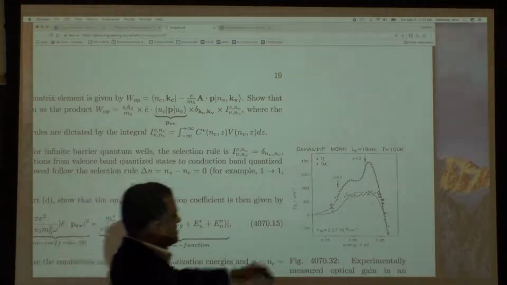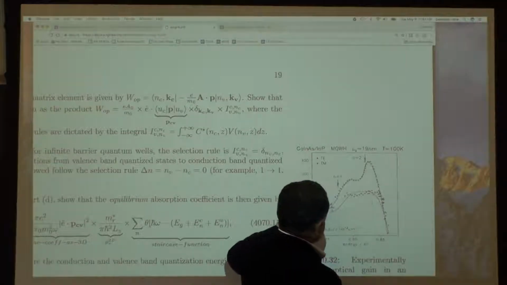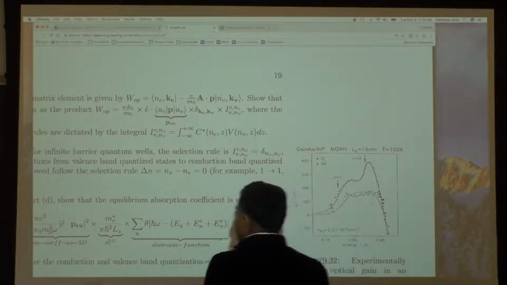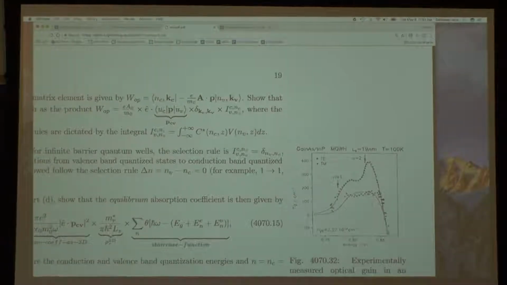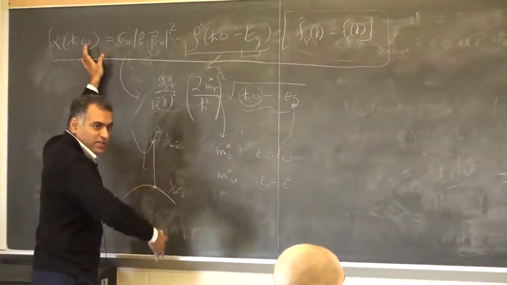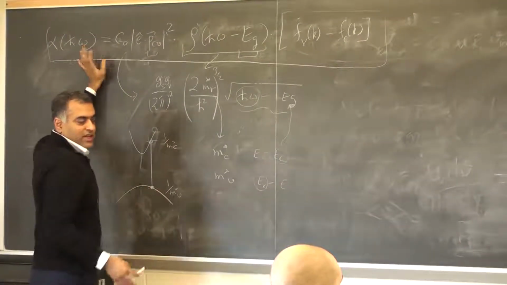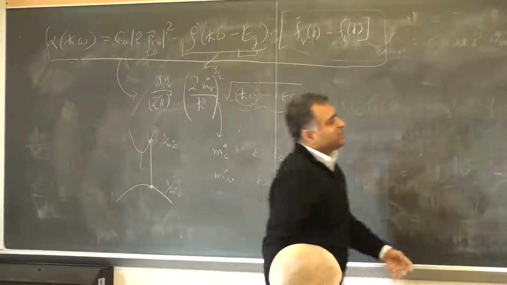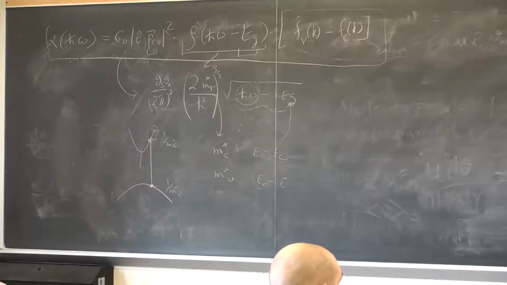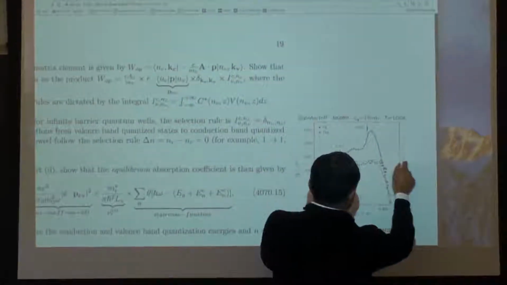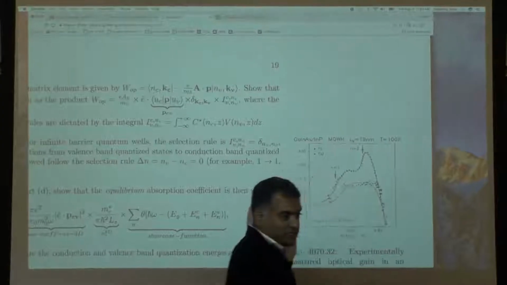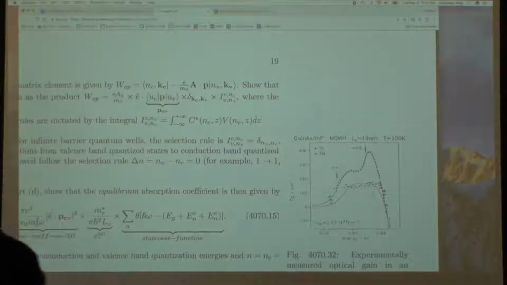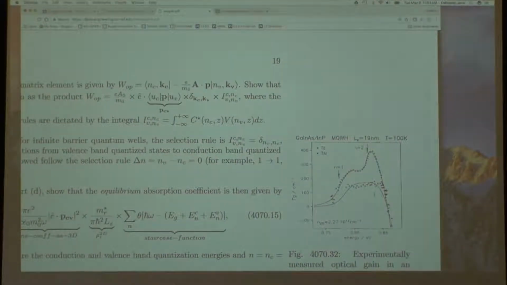This is the gain spectrum of a laser, but essentially this is your absorption coefficient, except the absorption coefficient is negative, which means you have optical gain. Instead of losing photons, you are gaining photons, so it's flipped around. A quantum well ideally has a 2D density of states, so it should be a step, but then you have one step and another step because there are multiple subbands and transitions. So that's how it looks for a 2D system.